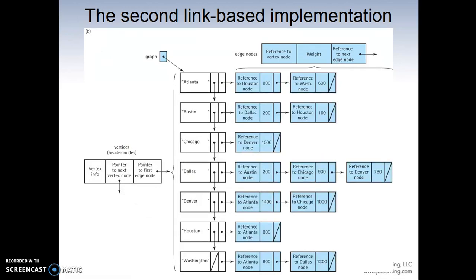So the second approach is to create a linked list of vertices. The node of the vertices has the vertex info, which is the city name, a pointer to the next vertex, and also a pointer to the edges.